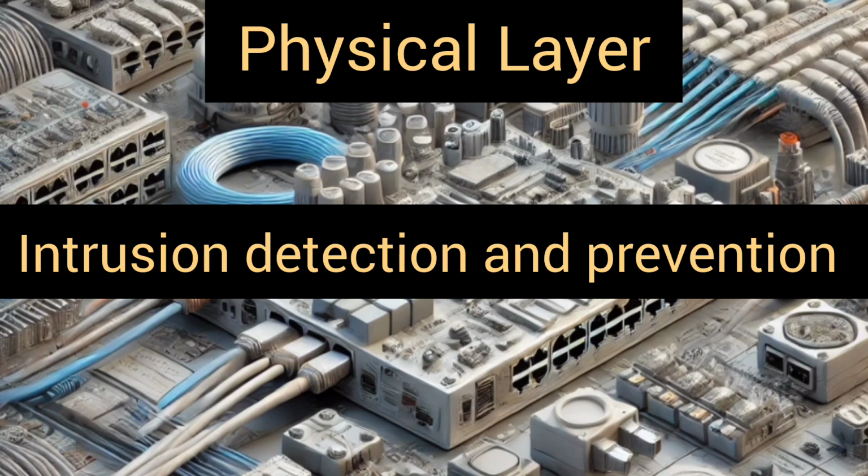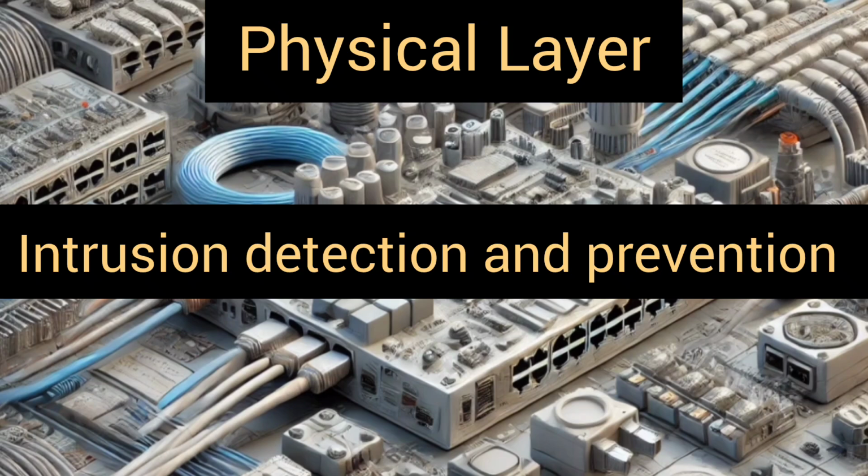Number 4, intrusion detection and prevention. Role: implement systems and processes to detect and prevent physical intrusions that could compromise the network. Example actions: use tamper-evident seals on network equipment and cabinets to indicate if they have been accessed without authorization. Motion sensors. Install motion sensors in sensitive areas to detect unauthorized movement and trigger alarms.